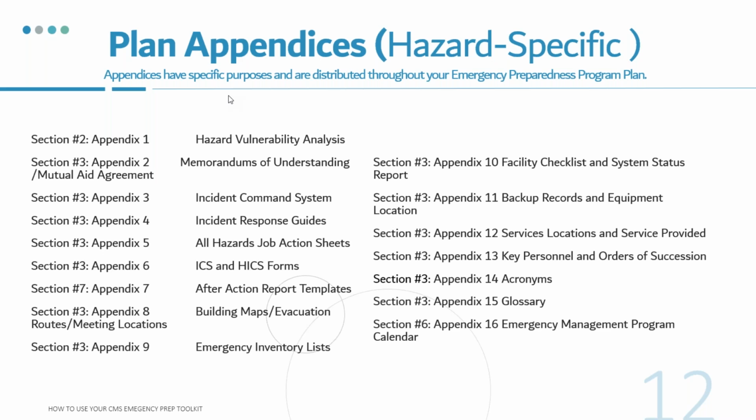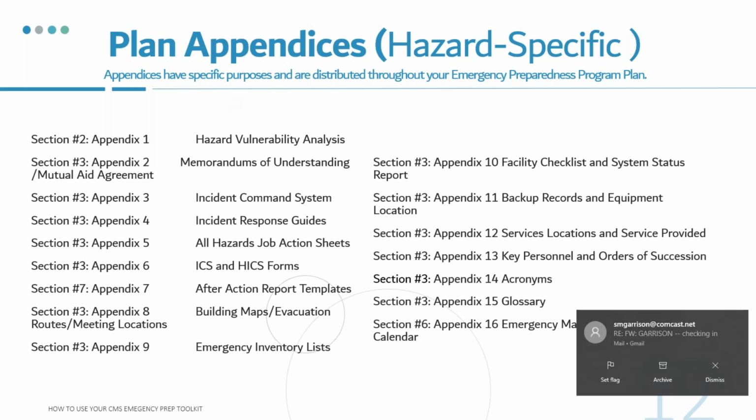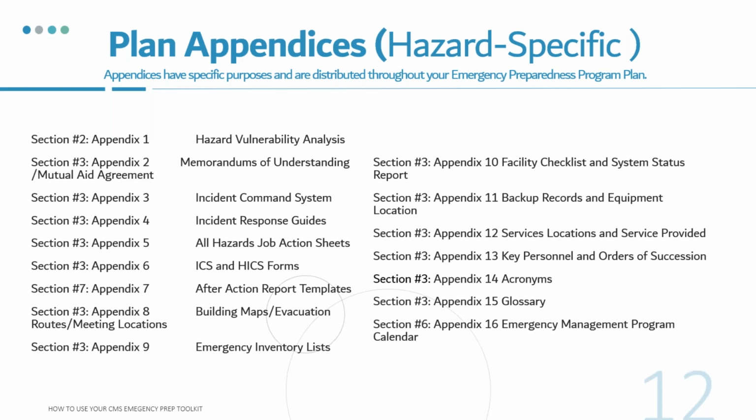That's going to tell you how to actually conduct one. And that's also going to be a placeholder when you actually do your HVA, as they call it. It allows you to learn how to do it, but it also is a placeholder so that when a surveyor is looking for that, you can say, oh, that's in section 2, and I know exactly where that's going to be.